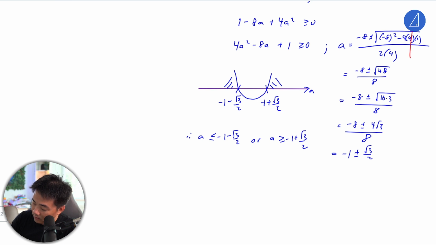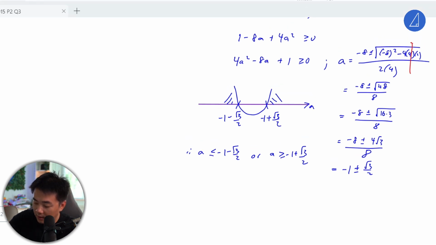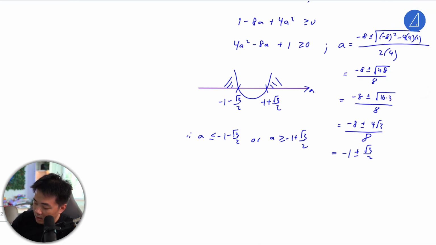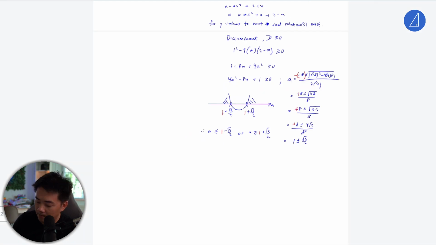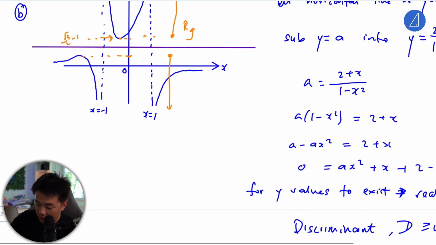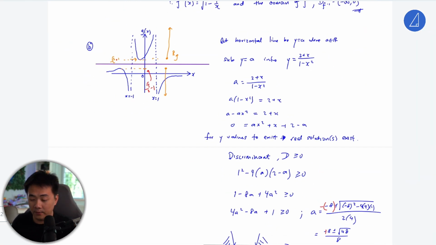Minus b is plus. That's why checking your answer is important. So this is minus b, so this is plus, so this is plus 1. So this is 1 plus root 3 over 2 here. Then this guy will be root 3 over 2 minus 1. Let's check your answer. Always check your GC.